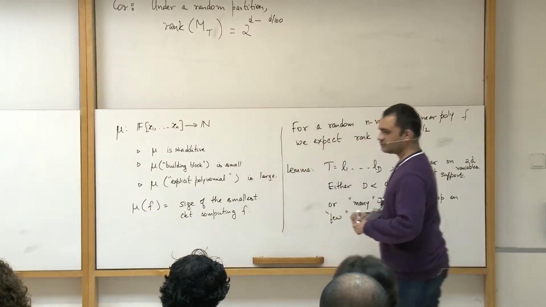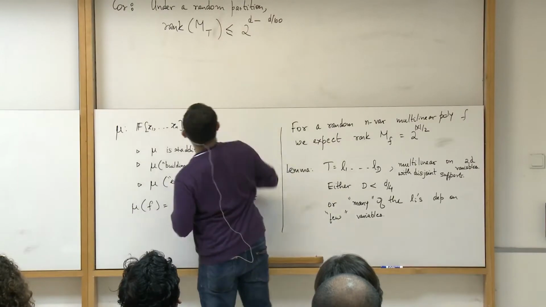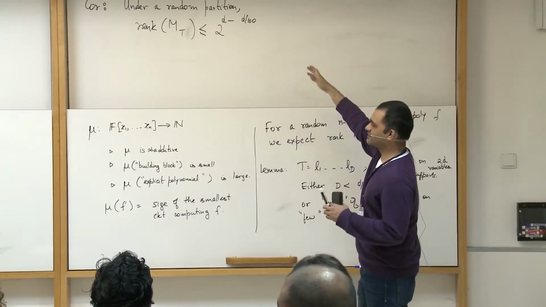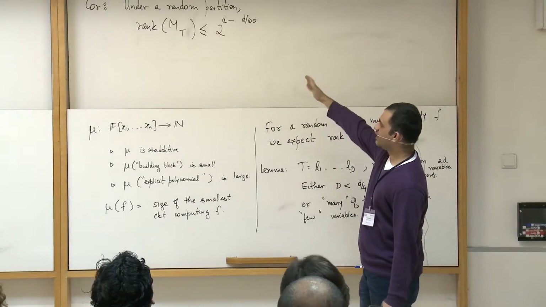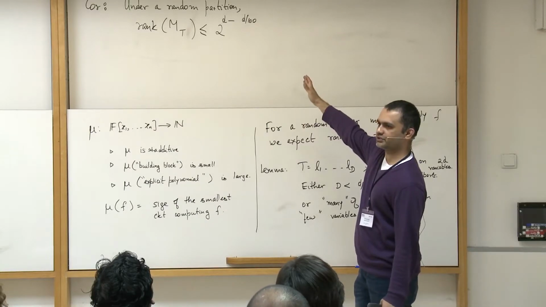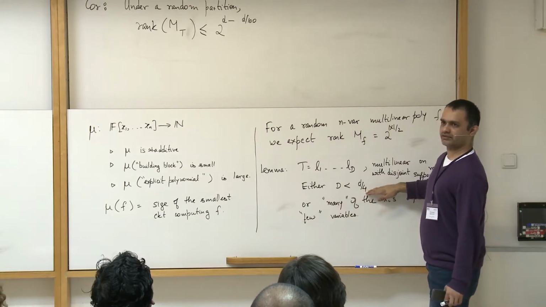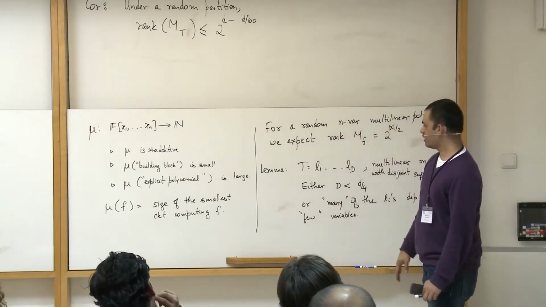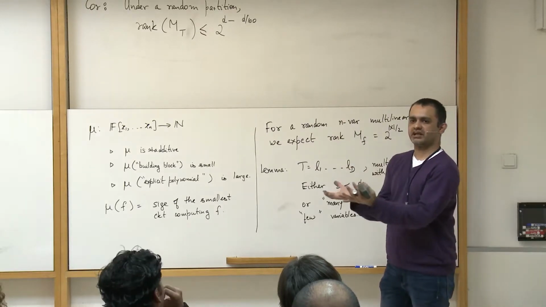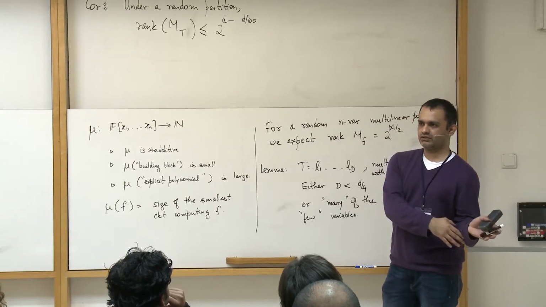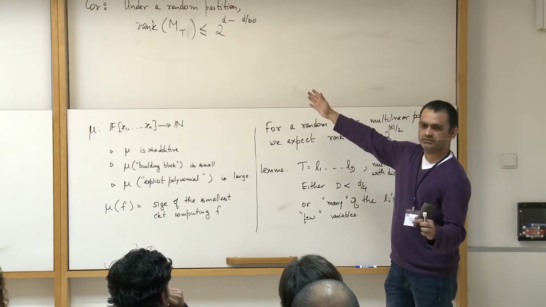By under a random partition, I mean with very, very high probability. With very high probability, the rank under a random partition will be at most 2 power D minus D over 100. And the thing is just going to be either it's at most 2 power D over 4, which is of course 2 power D minus D over 100, or you show that there are going to be at least D over 100 of these linear polynomials, which under a random partition will go into the same side of the bucket. So they will not contribute to the rank. So therefore, this is the bound on the rank.